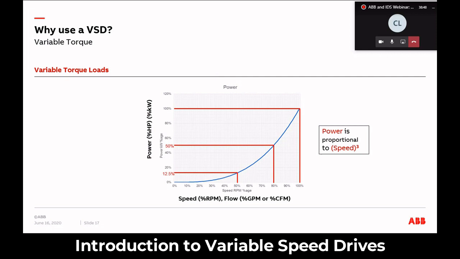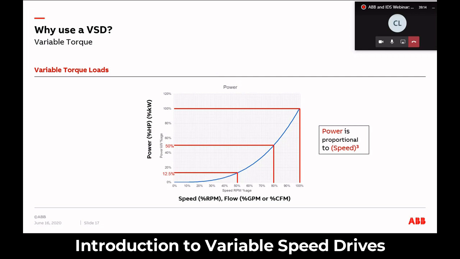You can see here that, depending on the application and the demand that's required, we could very easily reduce that speed to say 80%, so reducing it by 20%, and provide some form of energy or power saving up to the region of 50%.